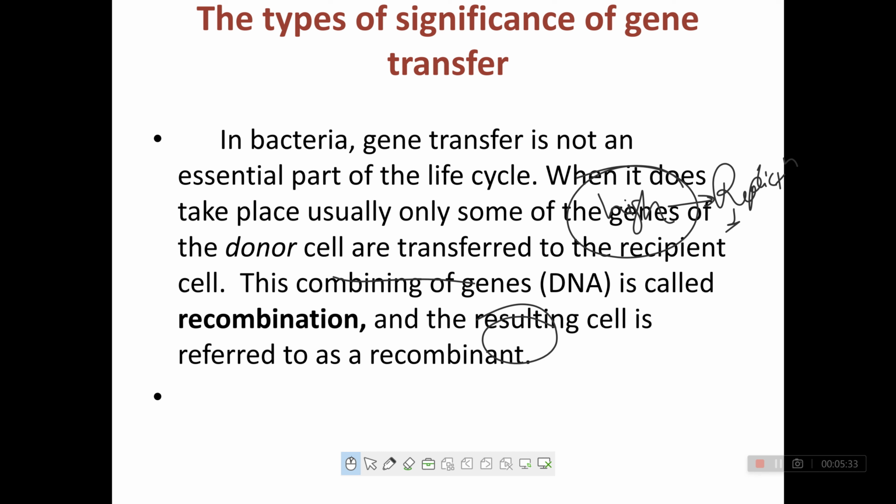Now, the significance of the transfer of genes: how is it important? During the transfer of a gene, it combines with other genes.